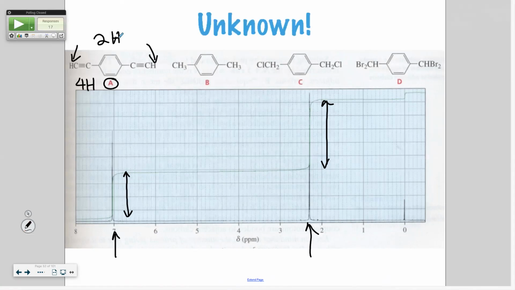Anybody else have a vote? C. All right, let's look at C. How many hydrogens are on the benzene ring? 4. And how many are these? 4. So the integration values should be equal, right? 4 hydrogens to 4 hydrogens. Are they equal?